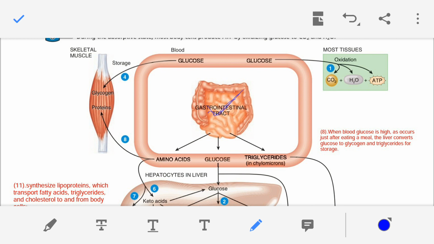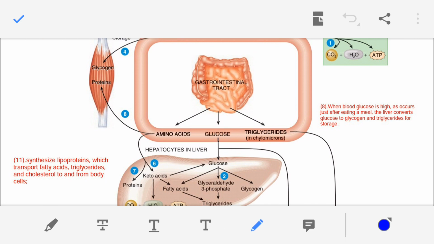Small intestine, digestion is taking place. After the digestion of carbohydrate, protein and lipid is completed, we have amino acid, glucose, then triglyceride. Triglyceride, when digested, we know is converted into fatty acid and alcohol.